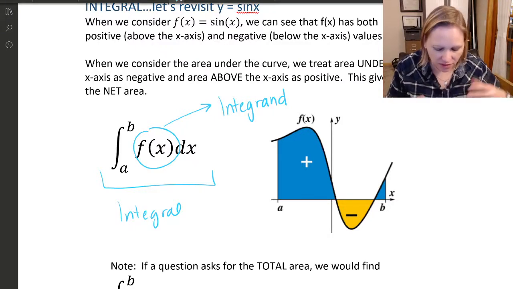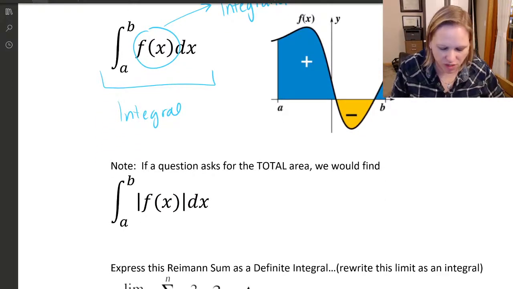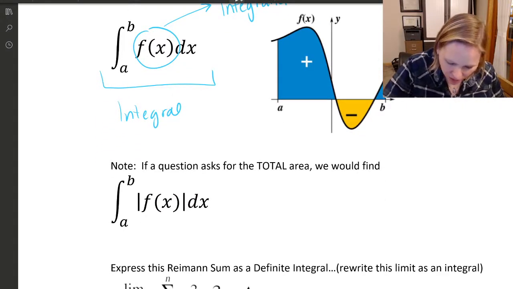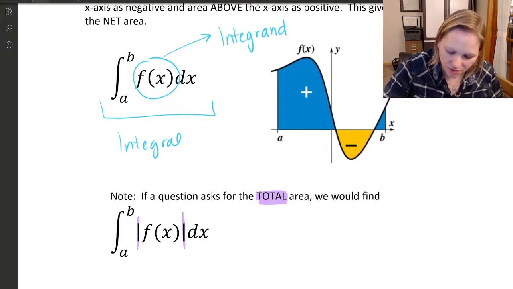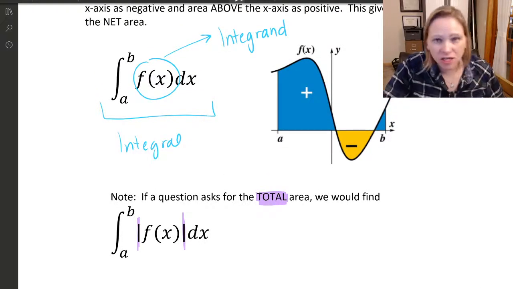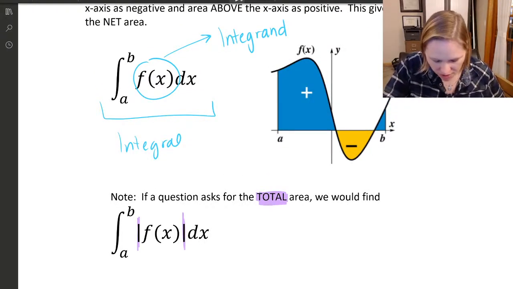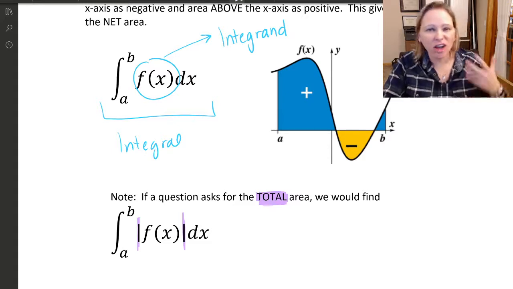So let's talk a little bit about what it would be asking for if we saw the words total area, and we'll come back to this. Total area under the curve refers to basically taking any part of the function that would be under the x-axis and making it positive. So everything becomes positive.